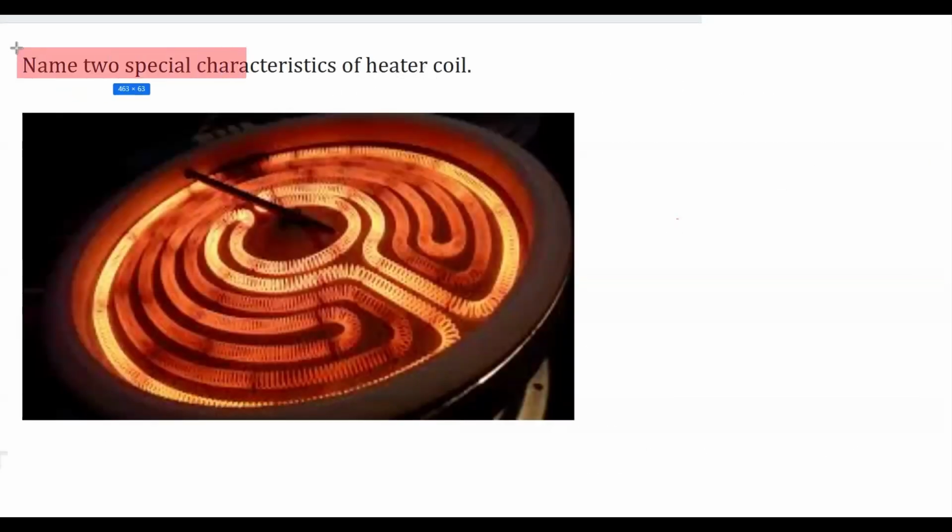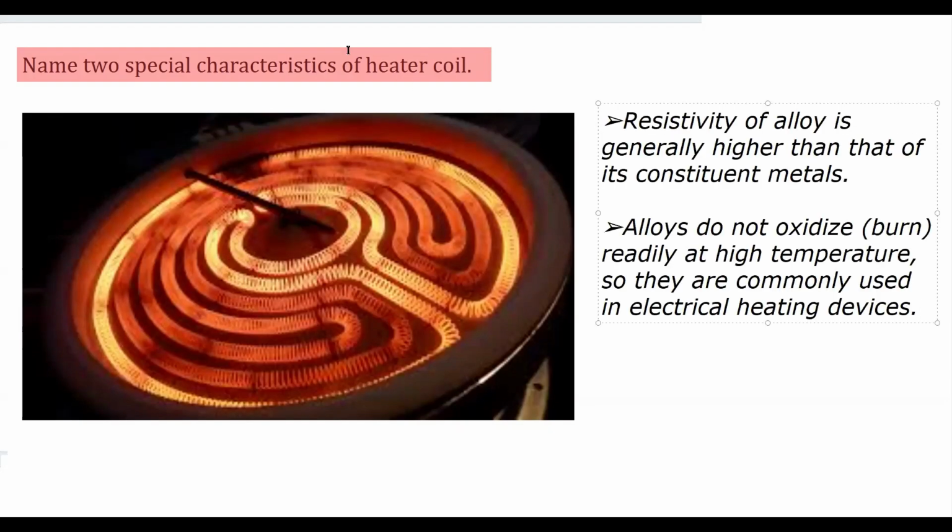The question here is: name two special characteristics of this heater coil. As you can see, I've taken a heater coil here. So the two important characteristics that you should know about this coil are these two. Number one is this: the resistivity of an alloy is generally higher than that of a constituent metal.